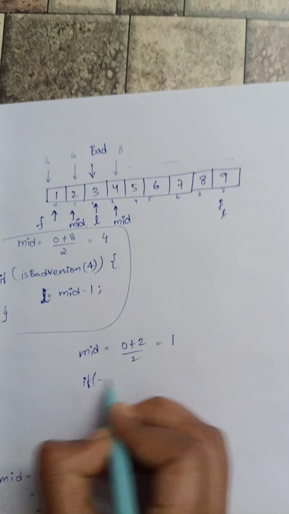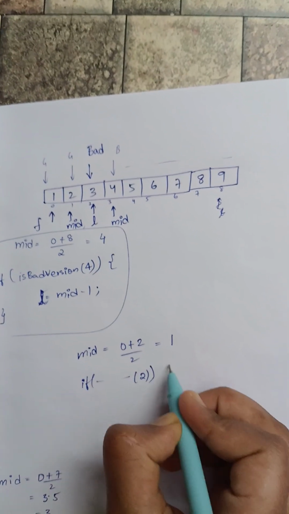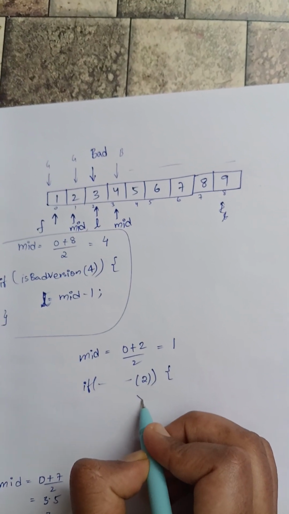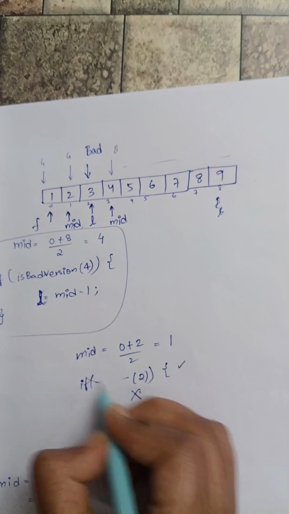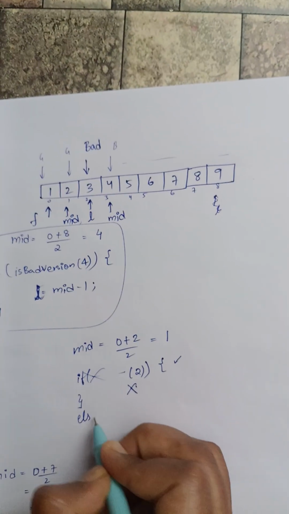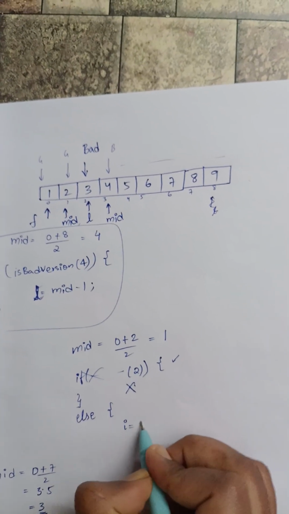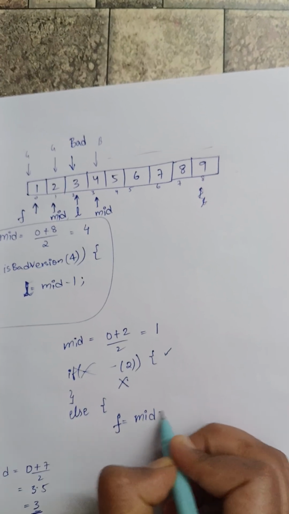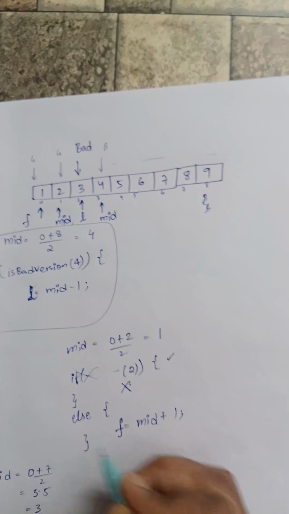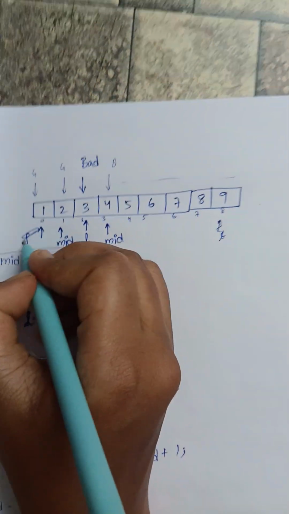We'll call isBadVersion of 2, it will check and say no, this is not a bad version, this is a good version. This means you don't need to enter the if condition. We need to enter the else condition and do f equals mid plus 1. That means bring this f to here.